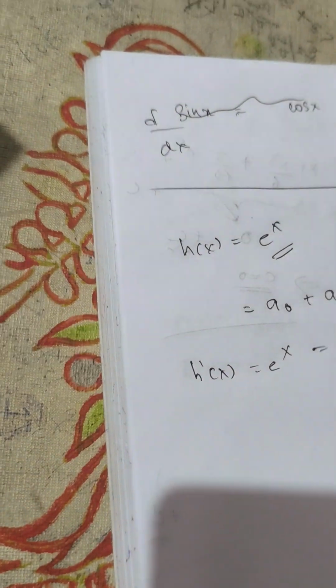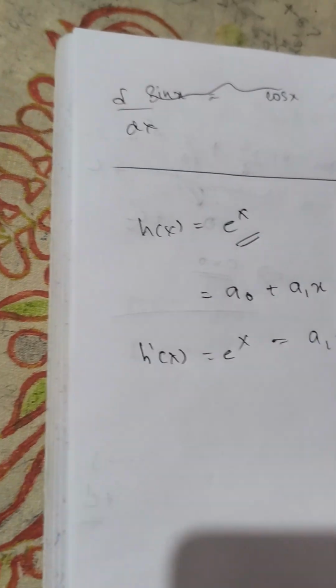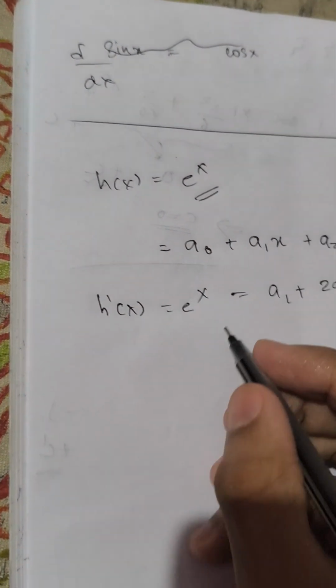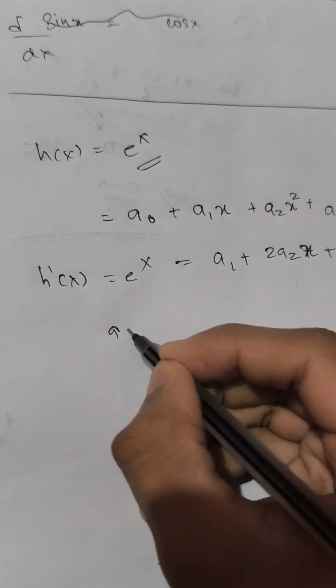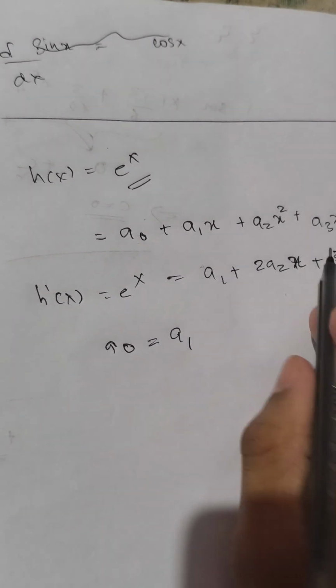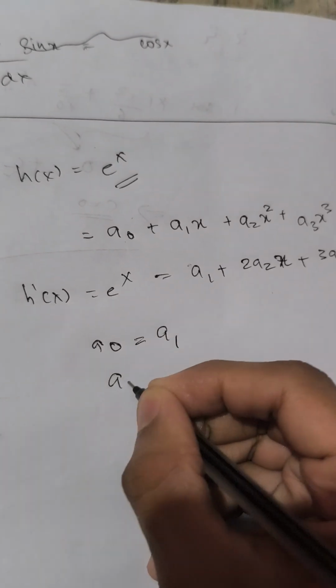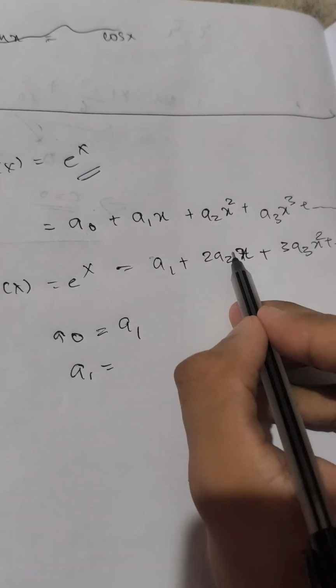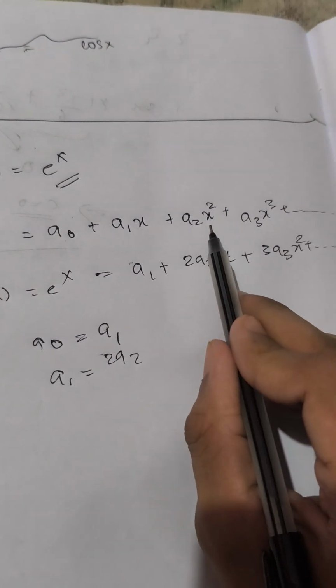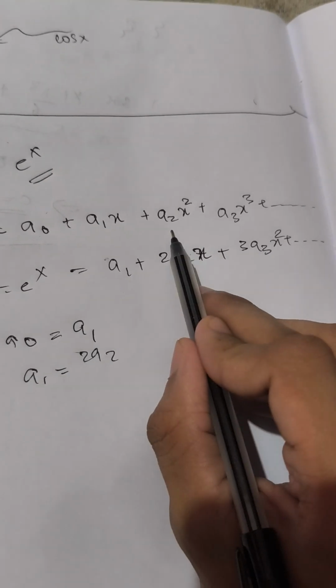If you look at what happened here, these terms are essentially the same, right? That is, we get a0 should be equal to a1, and we also get that a1 should be equivalent to 2a2. And similarly, we get the coefficient of x squared is a2 here.